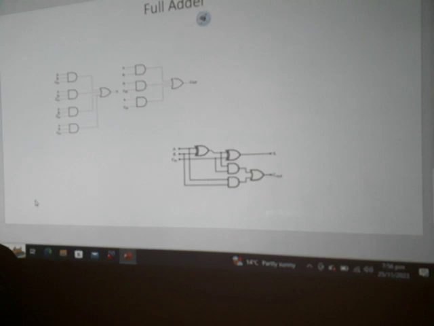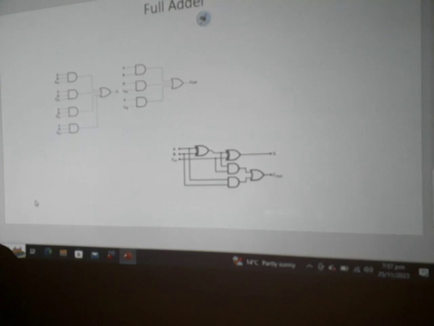Similarly, we can draw another diagram for the full adder circuit in which we use 2 exclusive OR gates, and it consists of 2 half adders, because the sum relation for the half adder is S is equal to A dash B plus A B dash, which is also equal to A exclusive OR B. So A exclusive OR B can be obtained by using an exclusive OR gate.